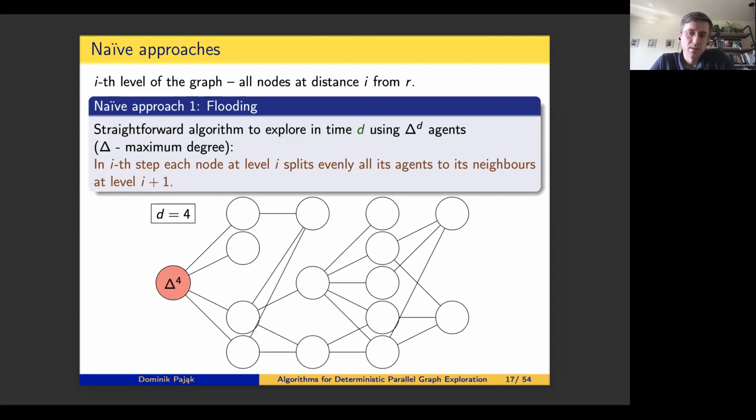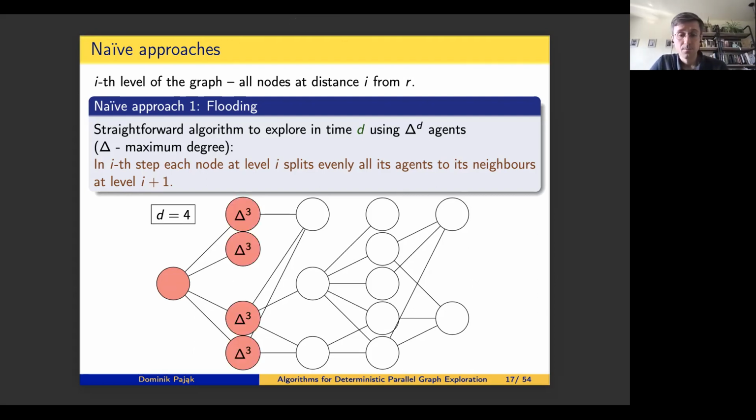Then if we had delta to the power of D agents, which is ridiculously many, exponentially many, then you could do a naive flooding, which is basically to divide the agents at every node evenly among its neighbors. And so this would look like this. I have delta to the 4 in the root, in the starting node of this exploration.